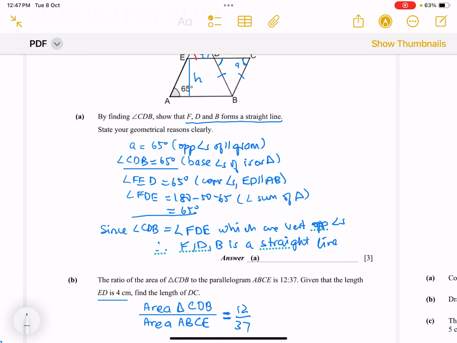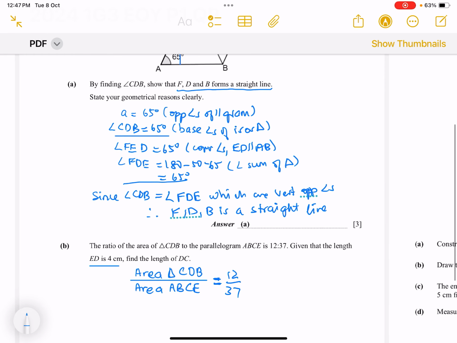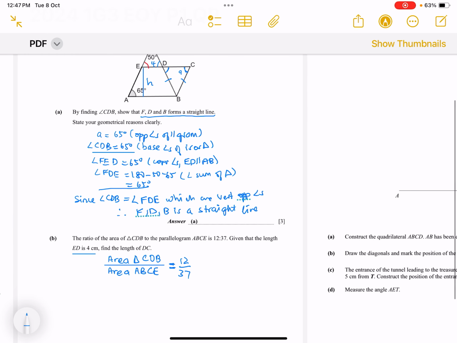Now, in the second part, we are given the area of the parallelogram and the area of the triangle CDB. Also given that DE is 4, this is 4 plus DC.